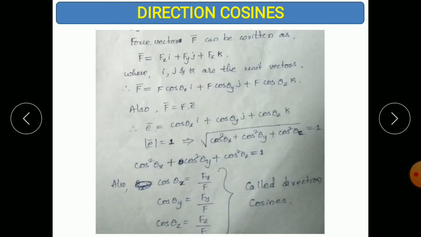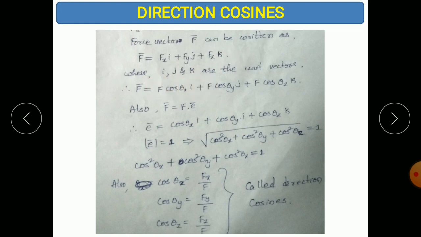Again, lastly you need to know the cosines. These things you need to understand. So earlier we saw that the force vector F bar can be written as F bar is equal to Fx into i plus Fy into j plus Fz into k.